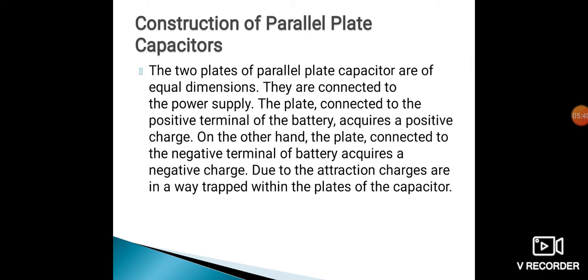That means charge gets accumulated across the two plates which are separated by the insulating material, or we can say by the dielectric material.